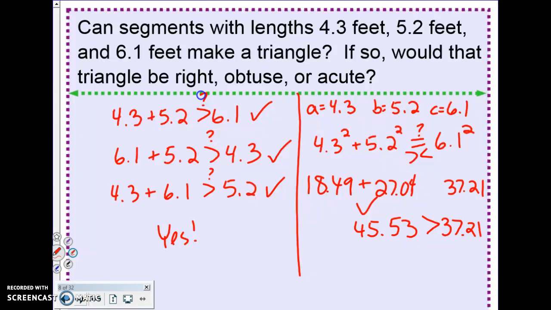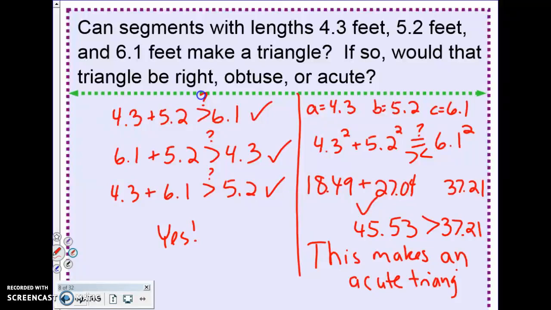So when c squared is less than the sum, or when the sum is greater than c squared, we can conclude that this makes an acute triangle. Okay, so when c squared is bigger, it makes an obtuse triangle, and when c squared is smaller, it makes an acute triangle.